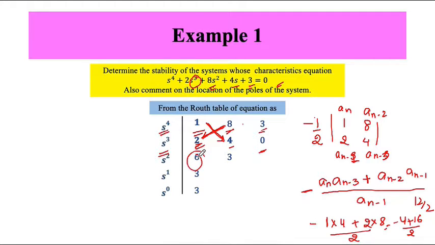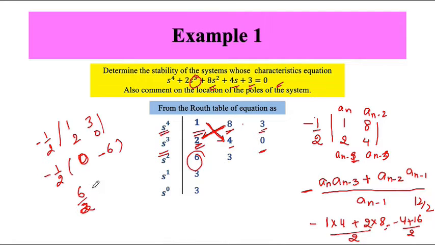Similarly we do it for 1, 2, 3 and 0. It will be like 1, 2, 3, 0. This is minus 1 by 2. If you solve again, it is minus 1 by 2 times (1 into 0 is 0, then minus 6). So minus minus becomes plus. So 6 divided by 2 is 3. So this is 3.